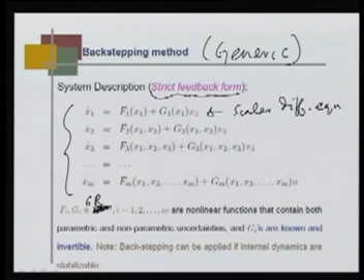We assume that g1, g2, g3, up to gm are known and invertible.